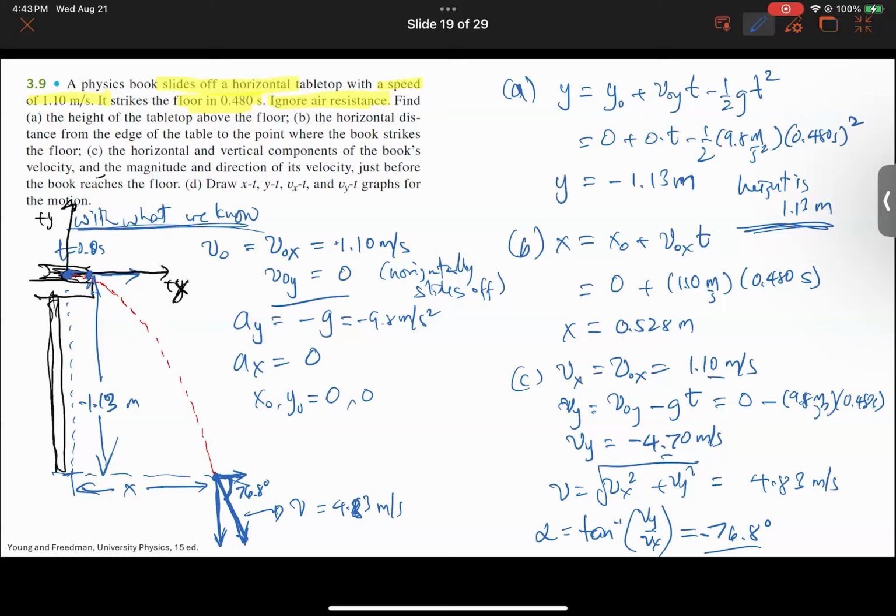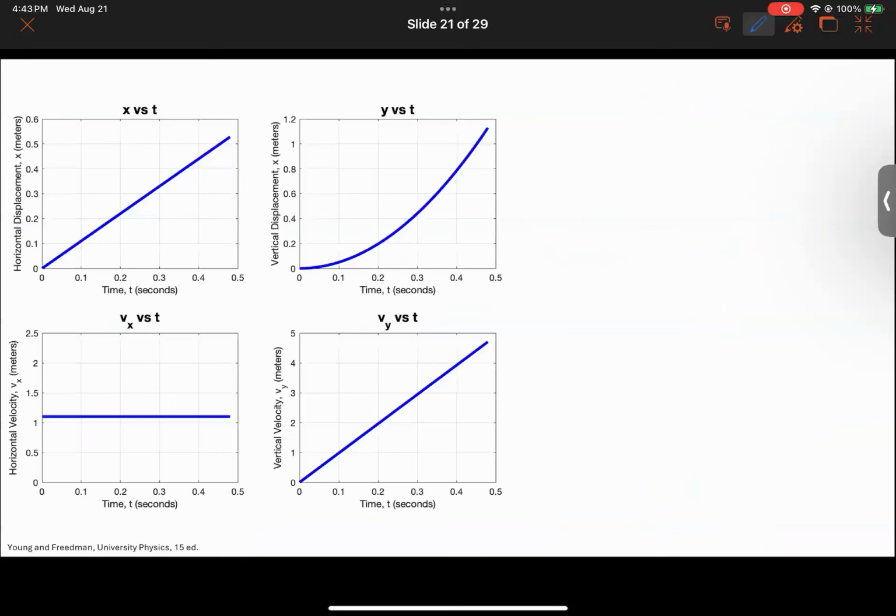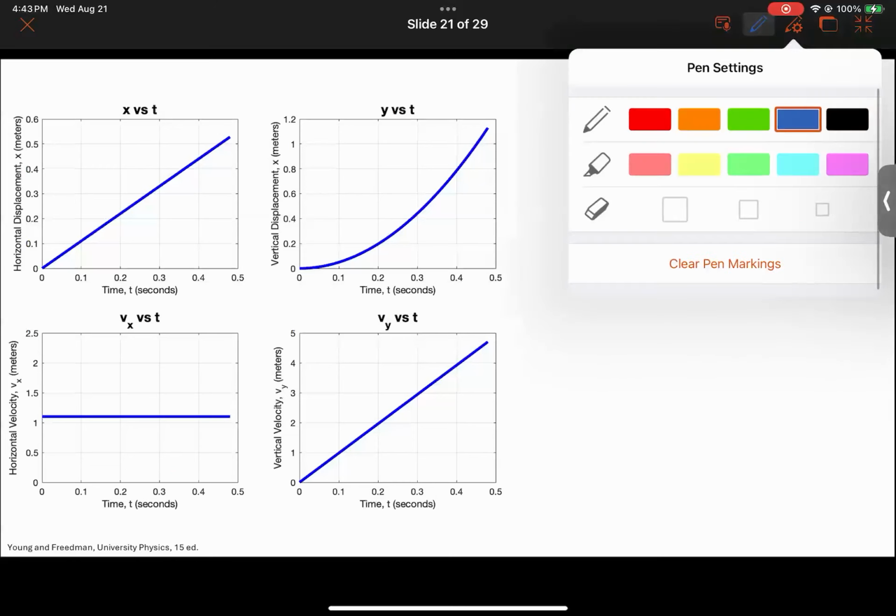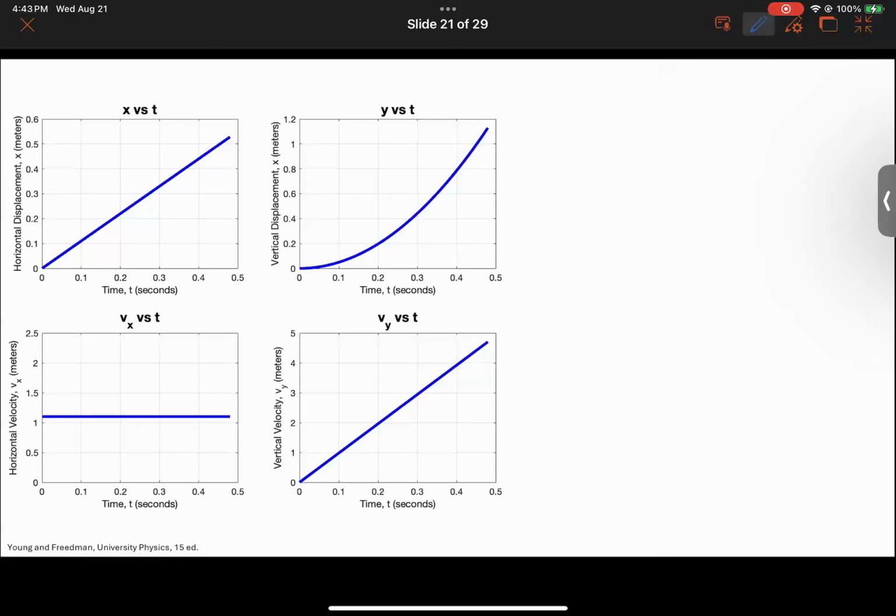Okay. So letter D, draw xt, yt, vxt, and vyt graphs for the motion. Okay. So I made that drawing here. Okay, so ito ginawa ko to using a computer, but what you can do if you don't know how to do some coding is that pwede niyong kunin at specific time intervals.